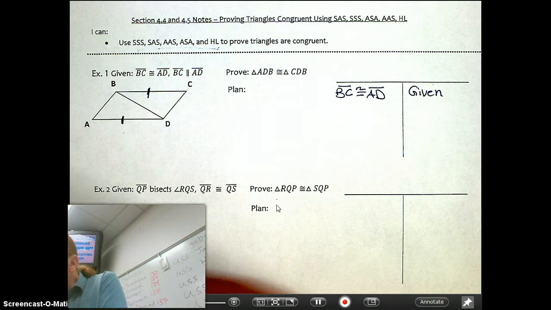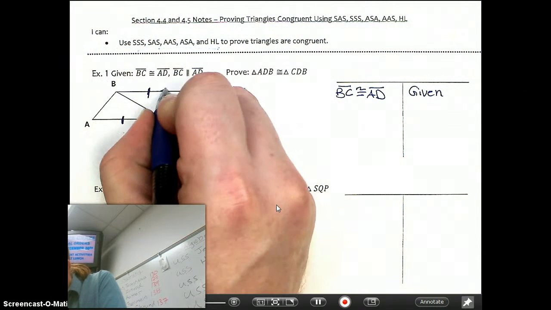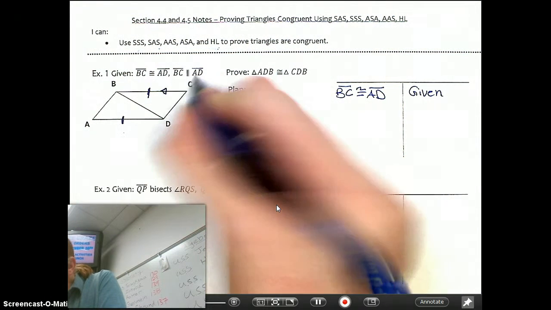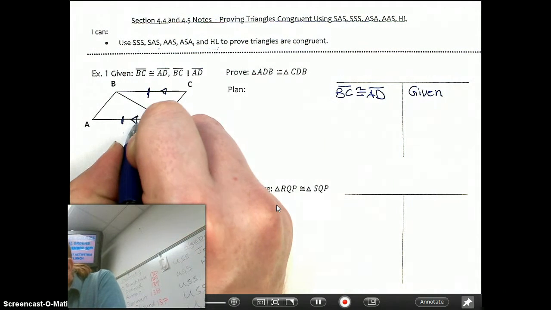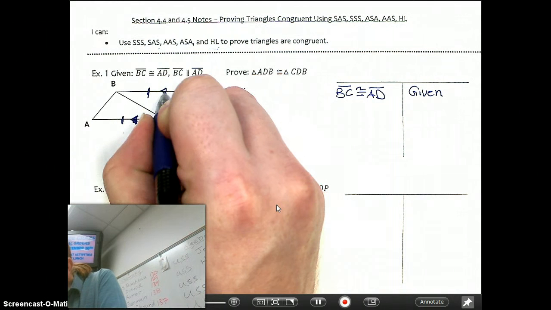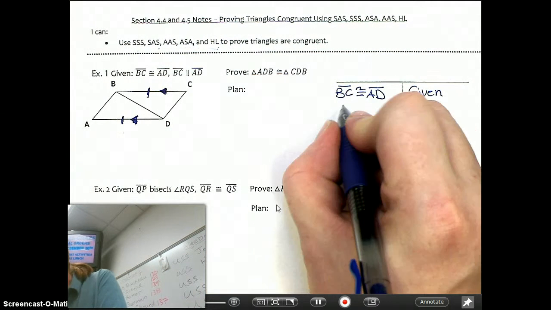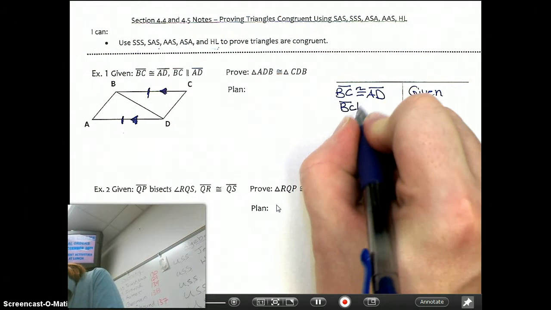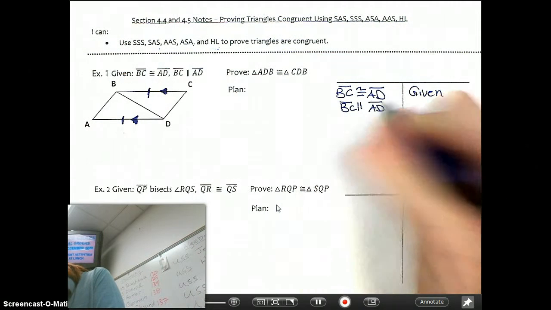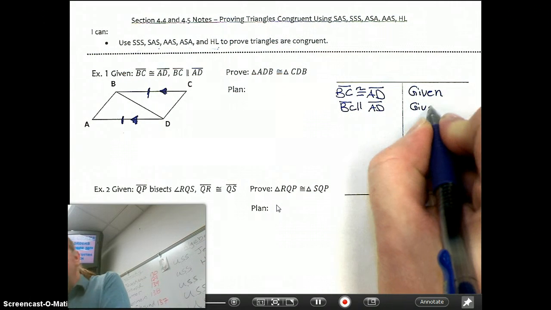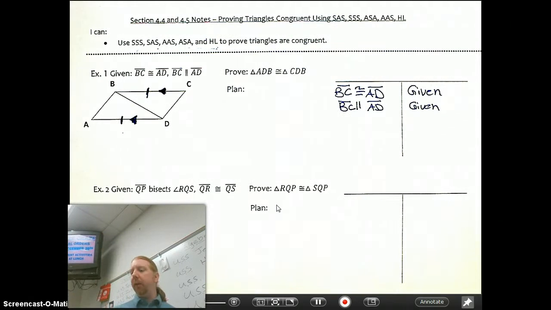Second given says that BC is parallel to AD. So I can write that down. Parallel to AD. Given.